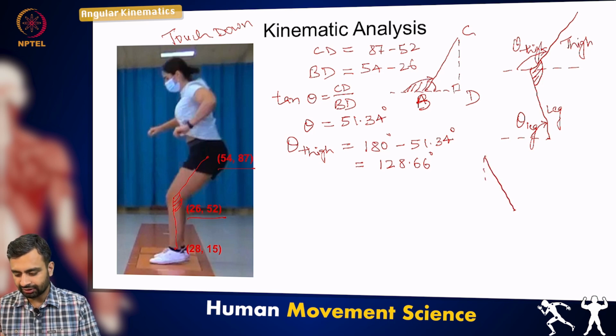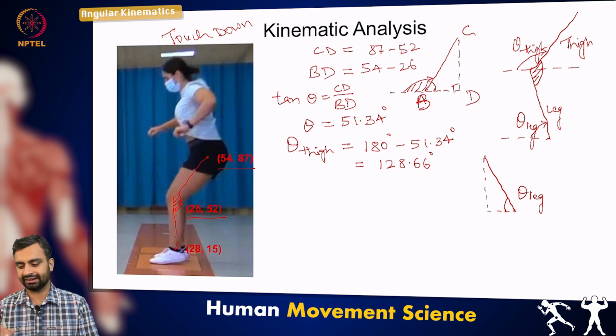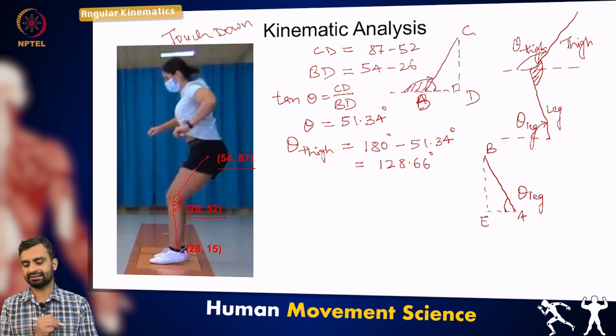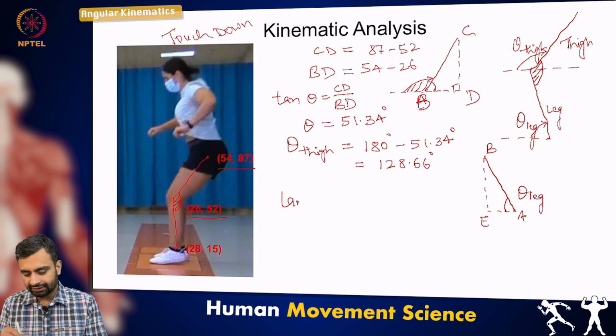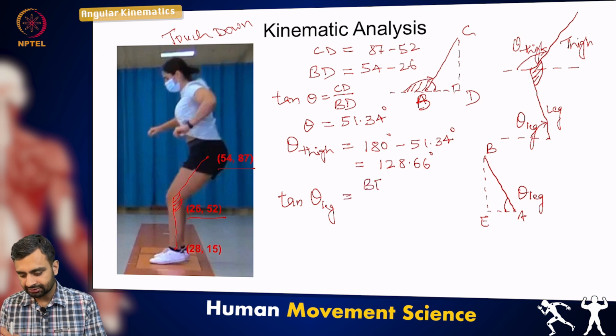Similarly, if I draw the leg segment over here, again we will draw a vertical axis as well as a horizontal axis, and we are interested over here in the angle known as theta leg. Let me call it A, B and E. So in this we will calculate tangent of theta leg, which is BE divided by EA or AE.